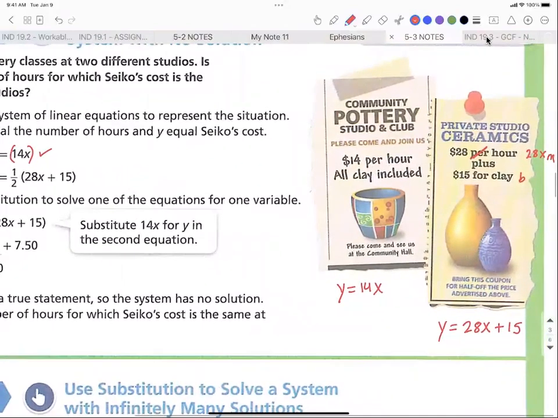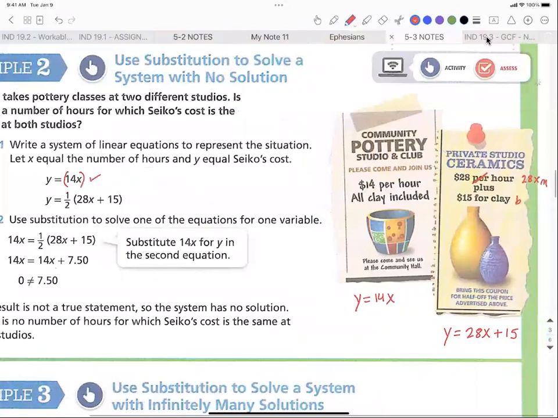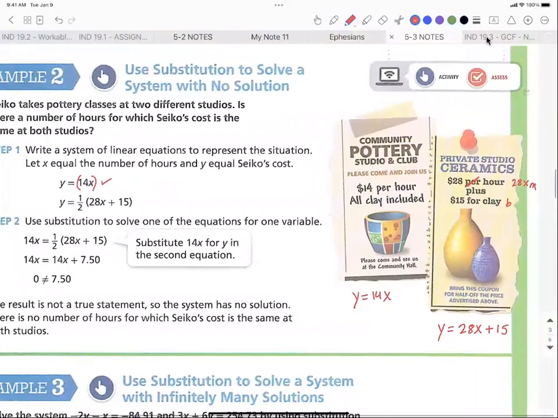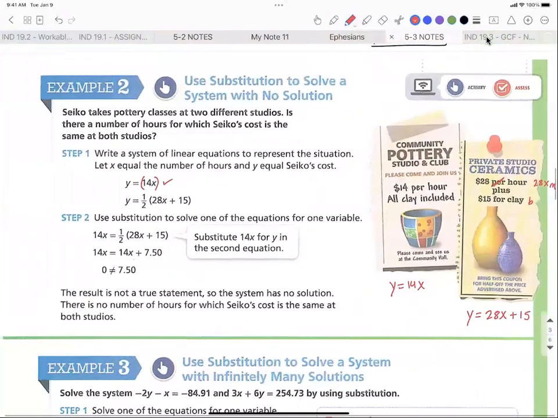Where do they get the 1/2? I am really confused. I know this sounds crazy because I don't know where they're getting this equation right here. Oh, that's what I get for not reading more.